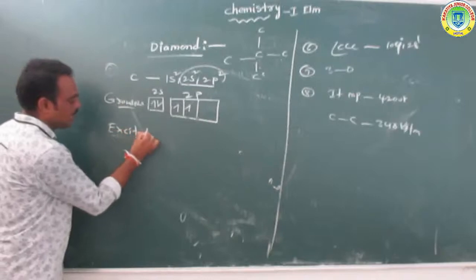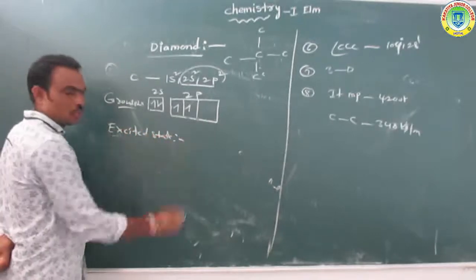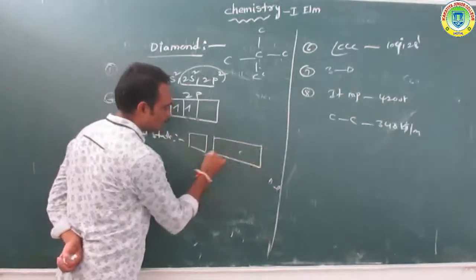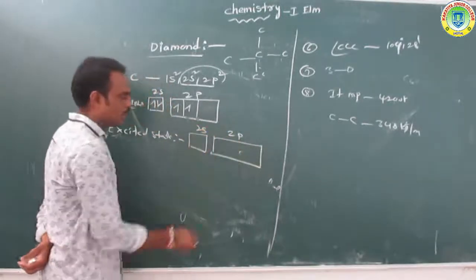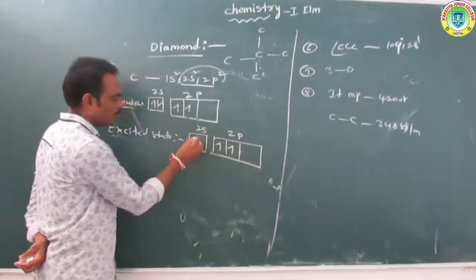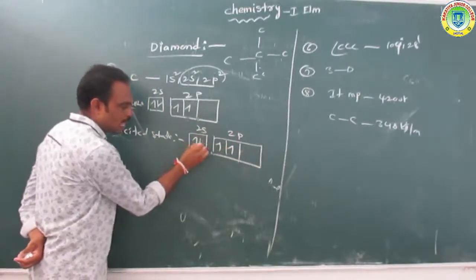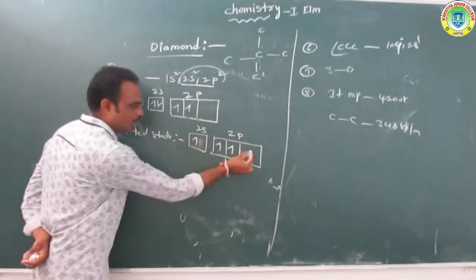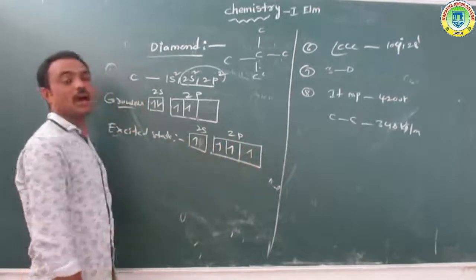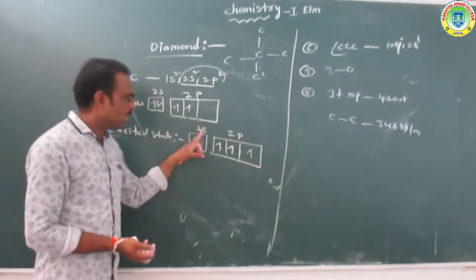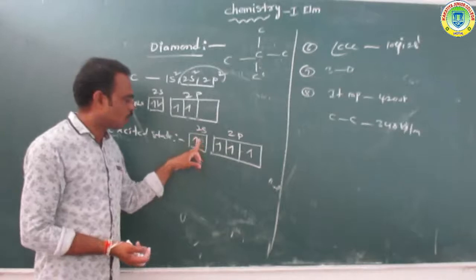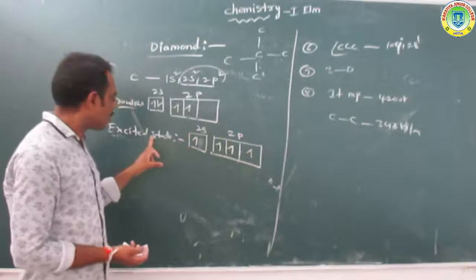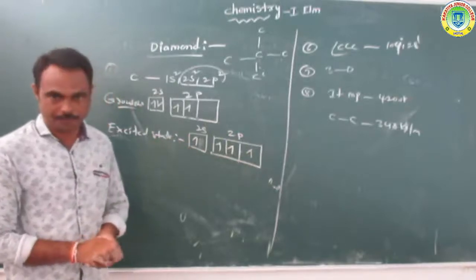In the excited state, one electron of the 2s orbital is jumped to the 2p orbital. One electron from the lower energy shell jumps to the higher energy shell. This phenomenon is called the excited state.